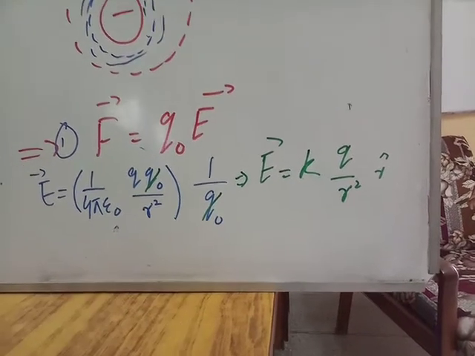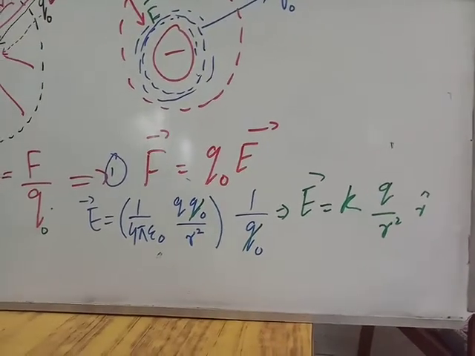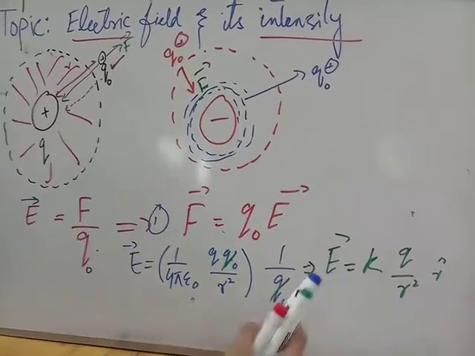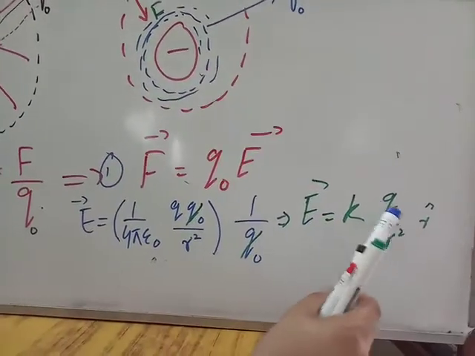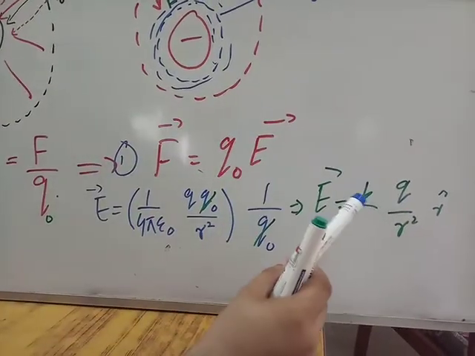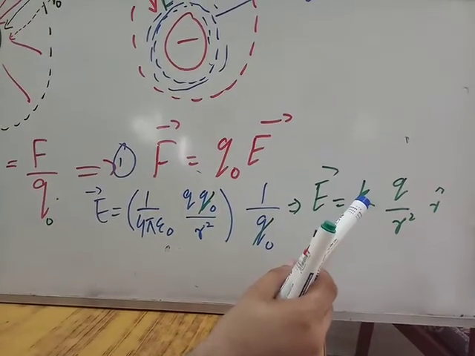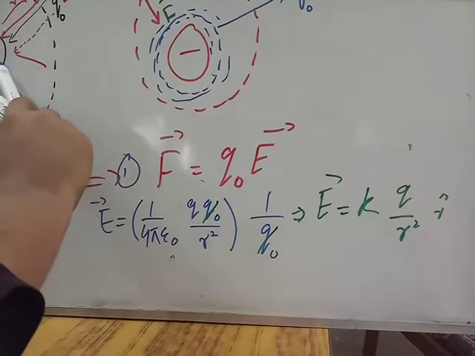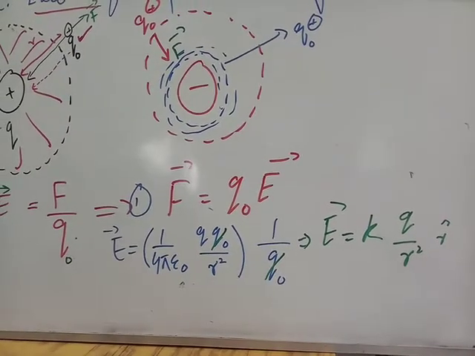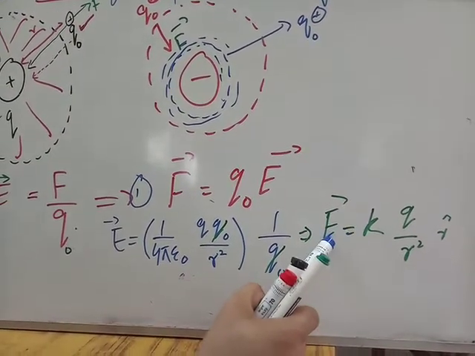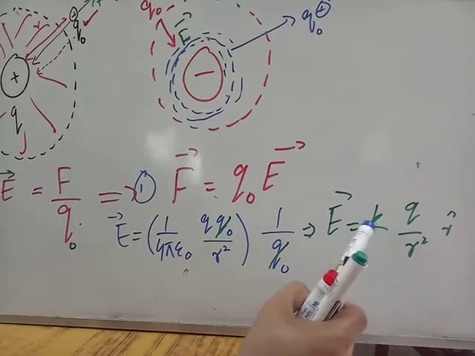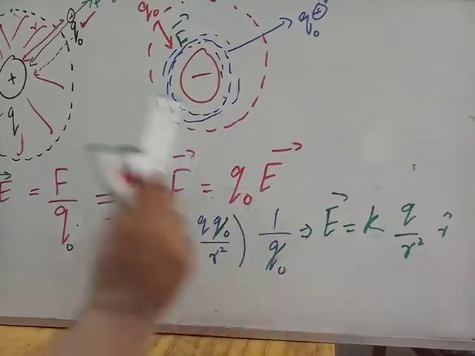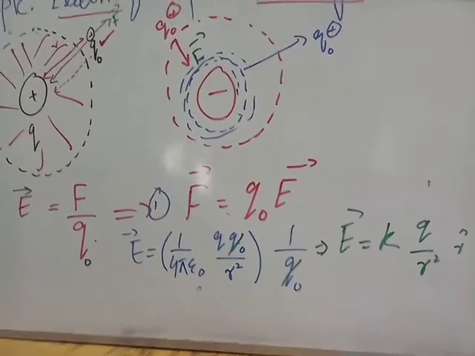Let me explain the last formula. This is the strength of the field, which is proportional to the magnitude of a point charge. Its strength decreases as the test charge moves away from the source. It means electric intensity is directly proportional to the point charge and inversely proportional to the distance between the point charge and the test charge.